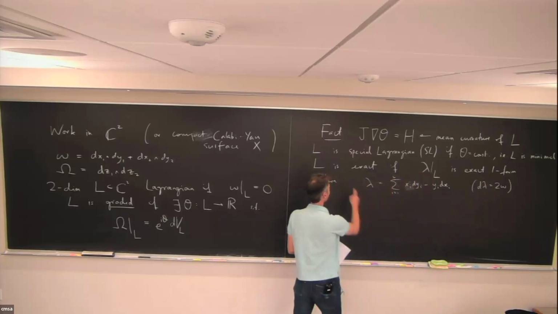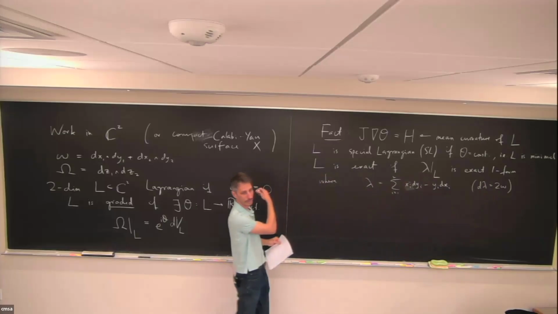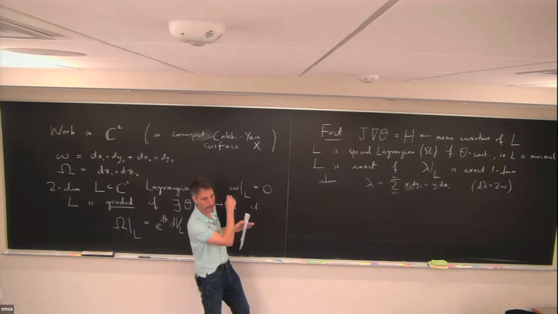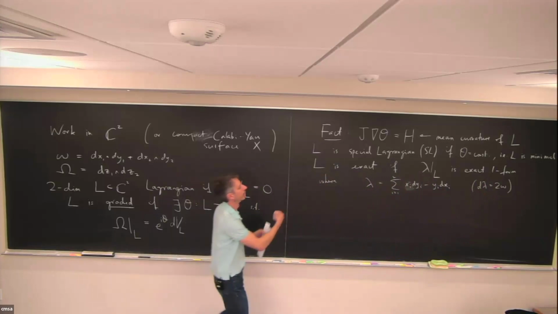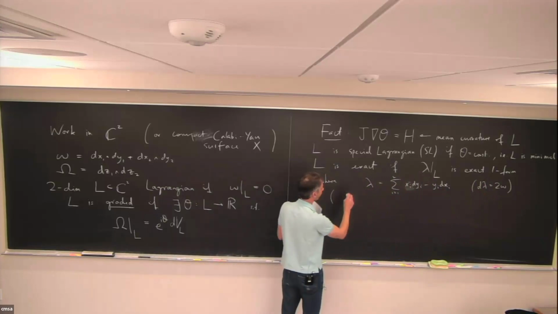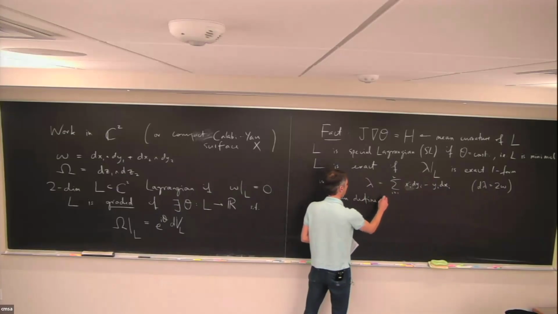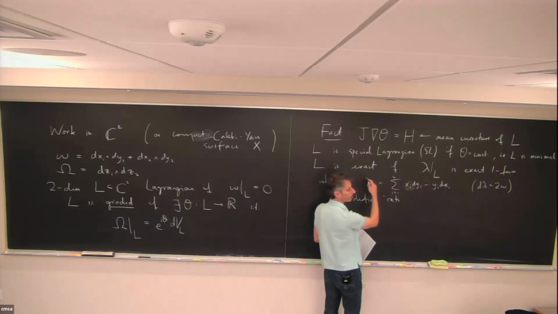So in that case you have to do something a little bit different, which I'm not going to explain. This exactness really just makes sense on C², or so-called exact Calabi-Yaus, which would be non-compact. But there's a similar thing called rational, which I don't want to go into. It's a good replacement for exact.